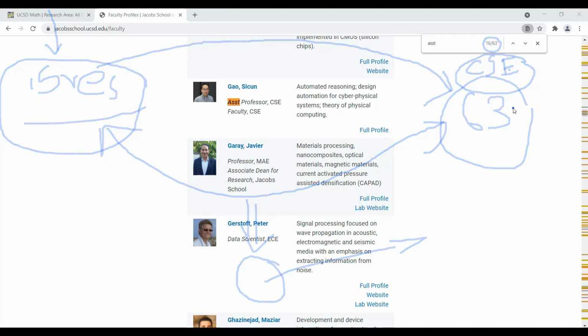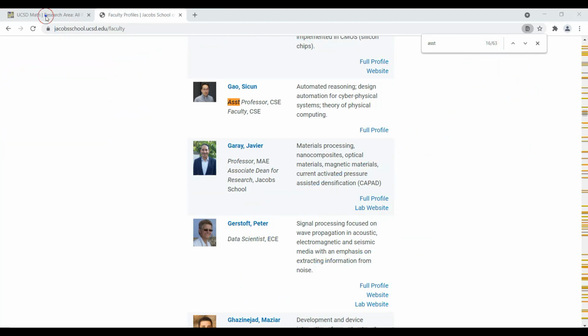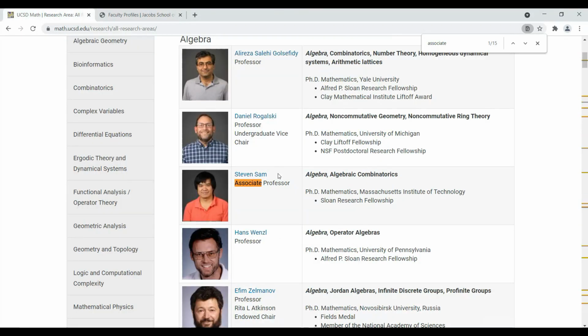So we will get to this now. The first one is Steven Sam. Okay, so we will search for him in this.